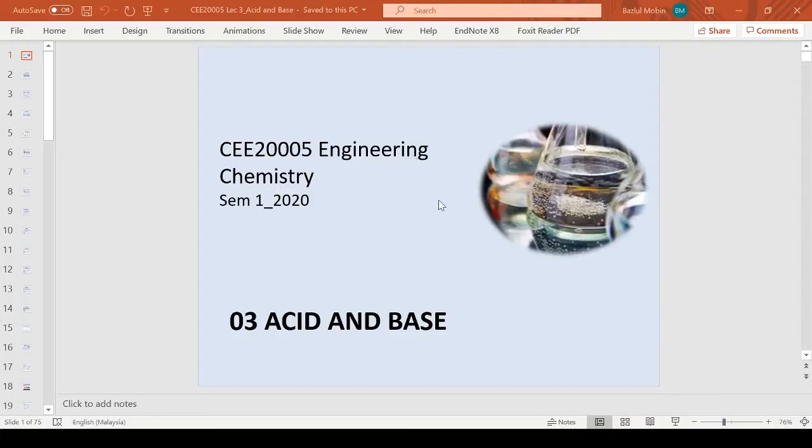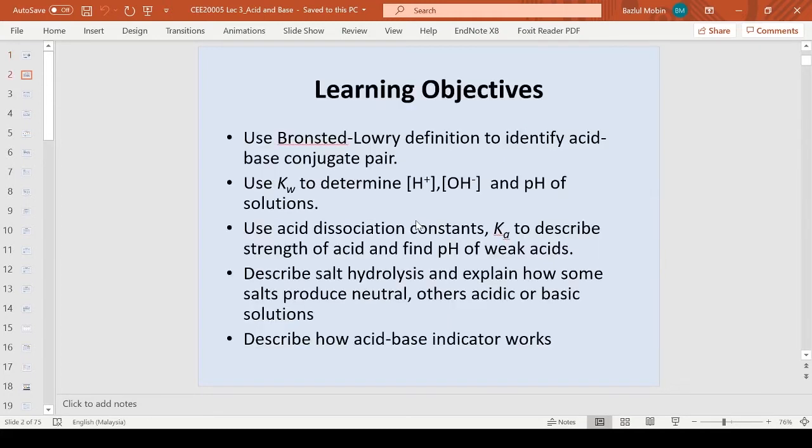Okay, so our third topic is acid and base, and it is our fourth week lecture. In this lecture, we'll see different definitions of acid and base, especially the Bronsted-Lowry definition.